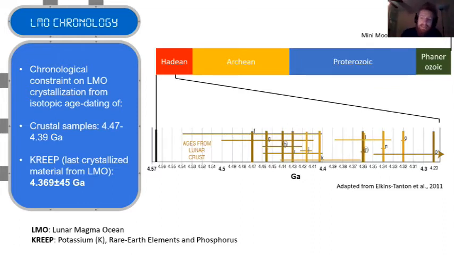So this doesn't necessarily mean that the crust was still forming as late as 4.29 billion years ago, because these ages might have been reset by resetting of the isotopic system, or it might also be just that they are not robust enough to be significant, because often one requires that the age be concordant among two different isotope systems.